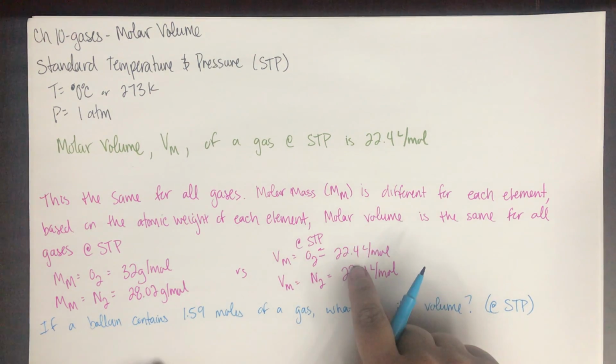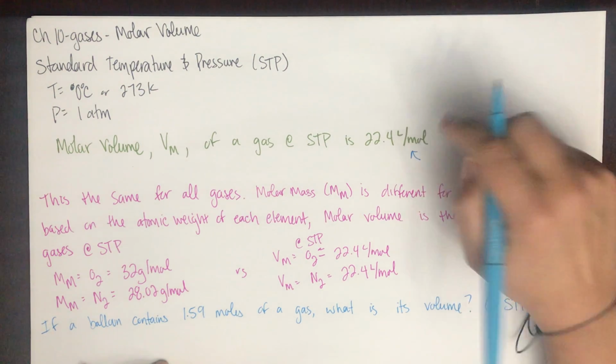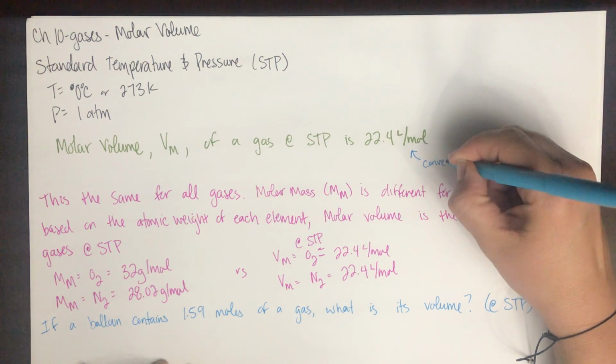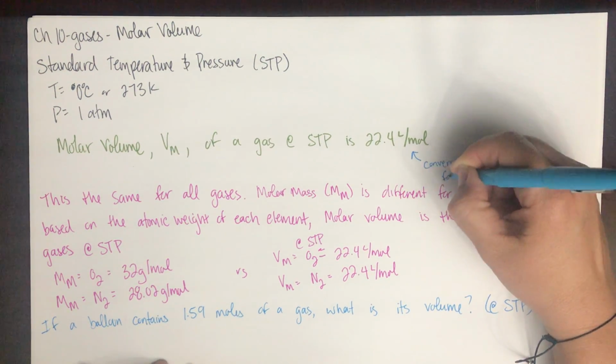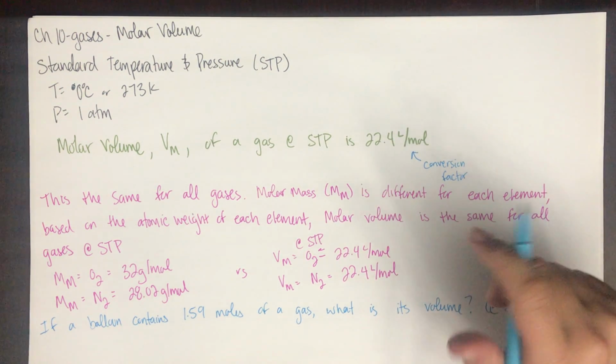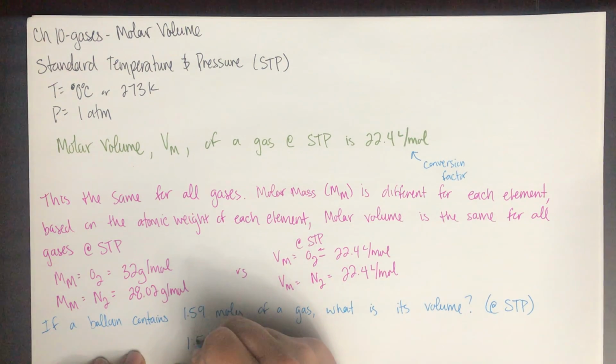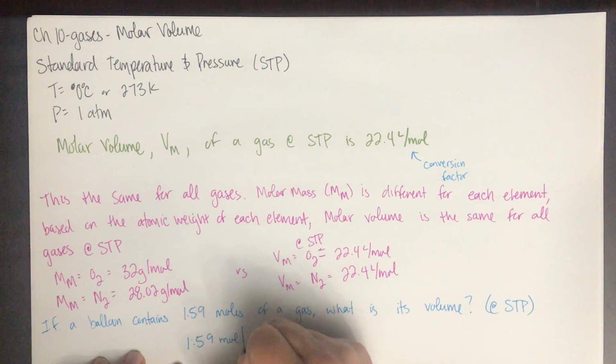So we're just going to use this as a conversion factor. Remember, anytime you see two units, liters per mole, you should think, I'm going to use this as a conversion factor to go between volume and moles. So I'm going to start with what I have, 1.59 moles.